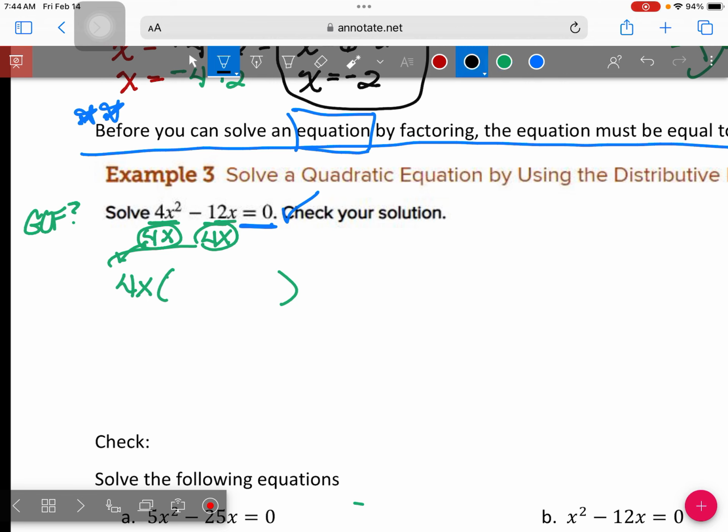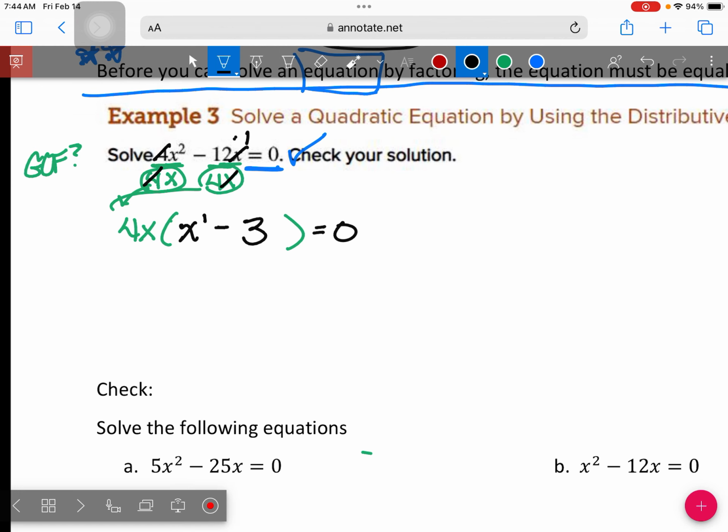So let's divide. 4 divided by 4 simplifies to 1. X squared divided by x is x to the first, right? Minus 12 divided by 4 is 3. And x divided by x simplifies out to be 1 times 1. Equals 0. Okay?